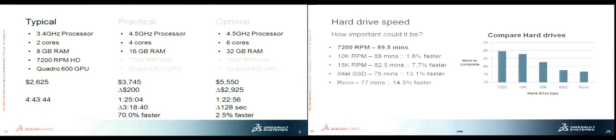But where we really start to see the improvement in performance is when we jump up to the Intel SSD drive. It cut down our testing time by 13.1%. And if we went to that Revo, that hard drive card that Adrian was talking about, it cut us down another 1.2%. So obviously that's where our practical and our optimal machines are going to be set up.